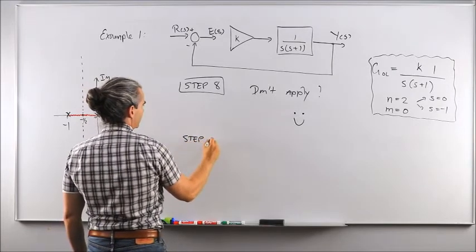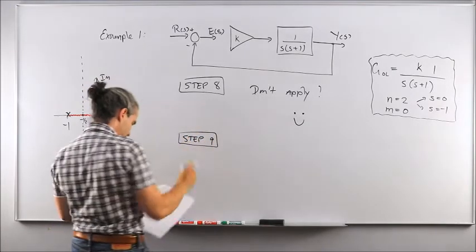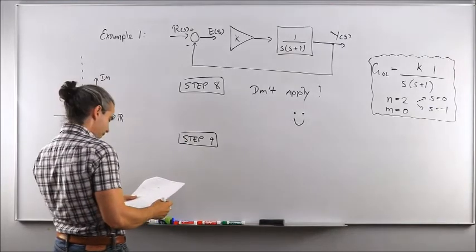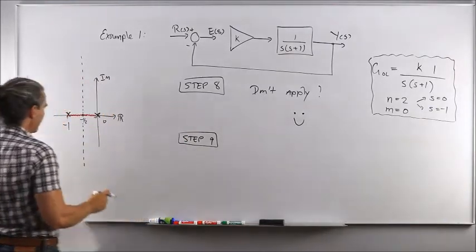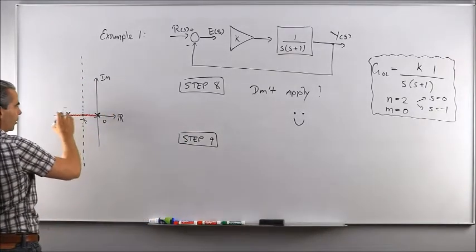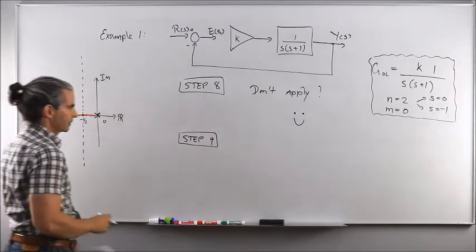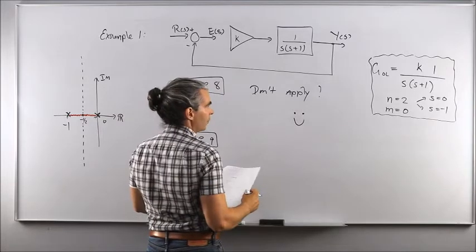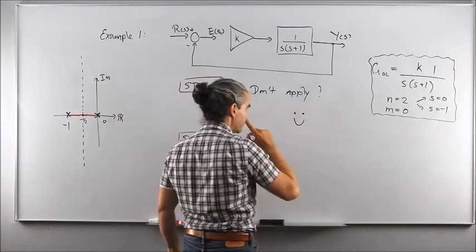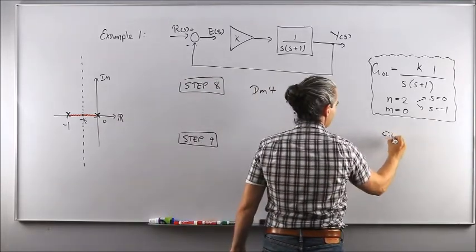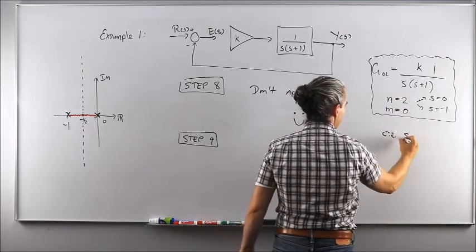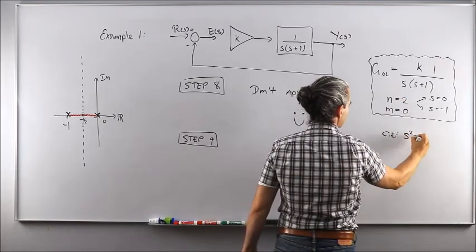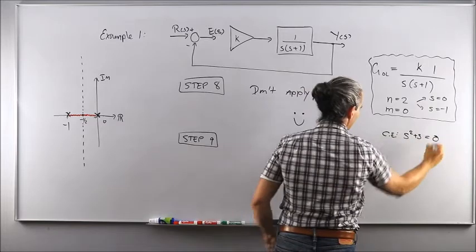Lastly, step 9. This is to figure out the intersection of the root locus with the imaginary axis. Okay? So what you do is that you go back to your characteristic equation, which is always denominator equal to 0.